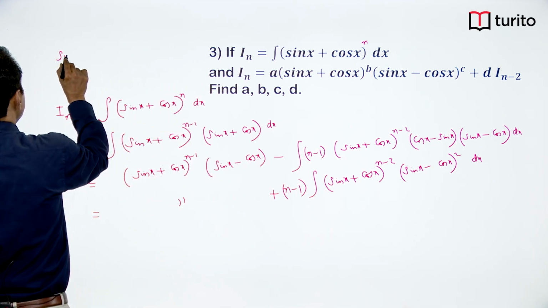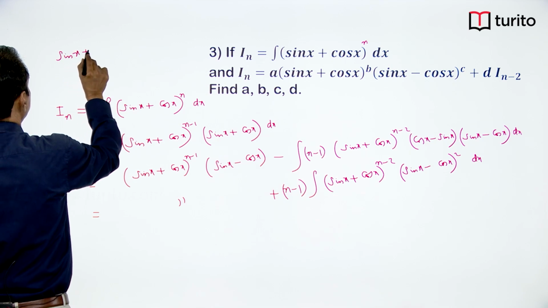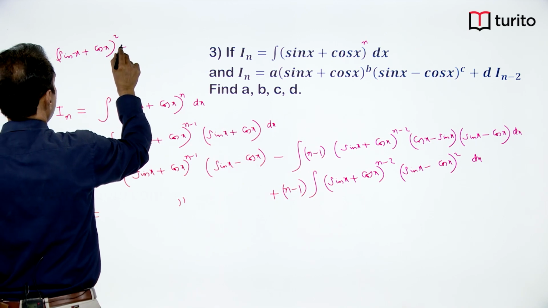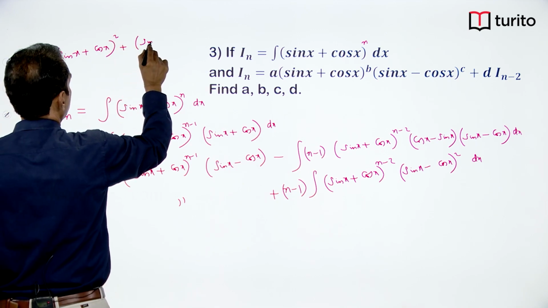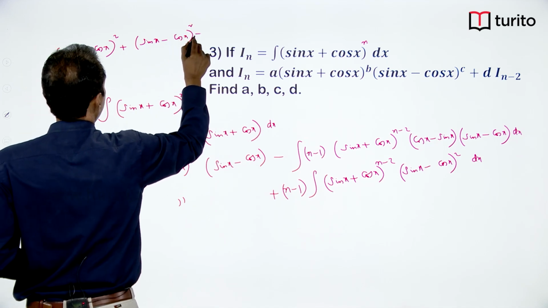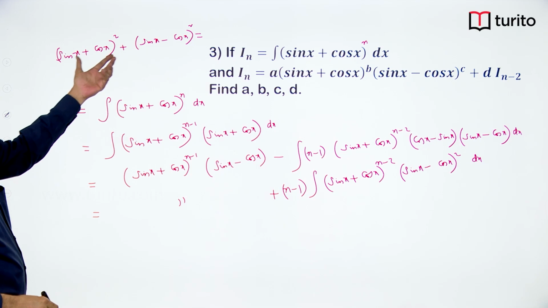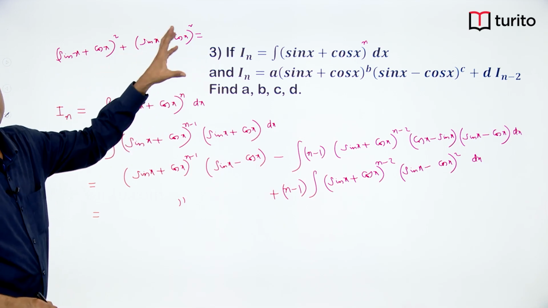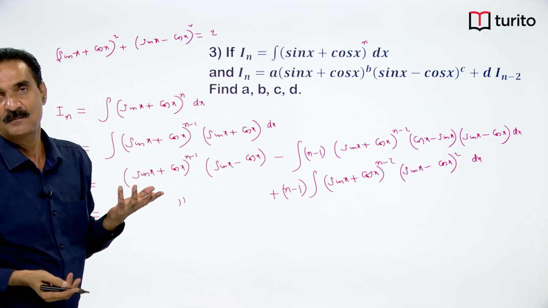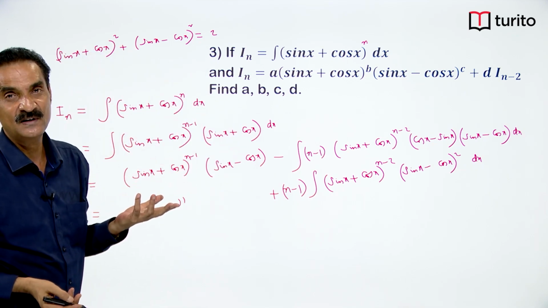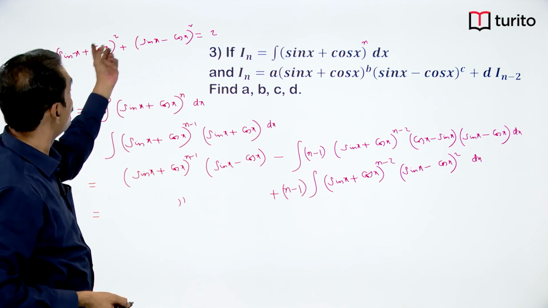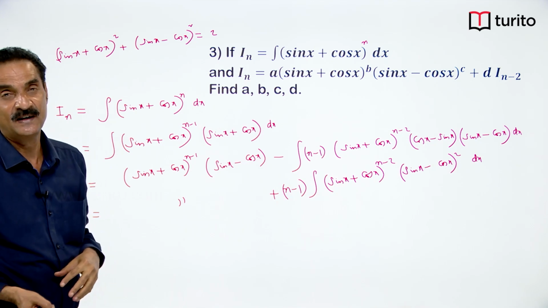(Sin x plus cos x) whole square plus (sin x minus cos x) whole square will be what? (a plus b) whole square plus (a minus b) whole square is 2 into (a square plus b square). Sin square x plus cos square x is 1. So, (sin x minus cos x) whole square is 2 minus (sin x plus cos x) whole square.